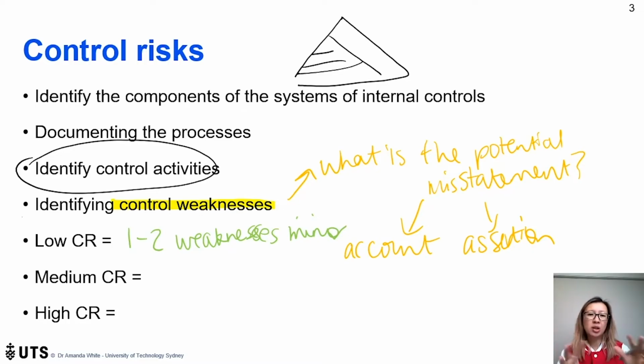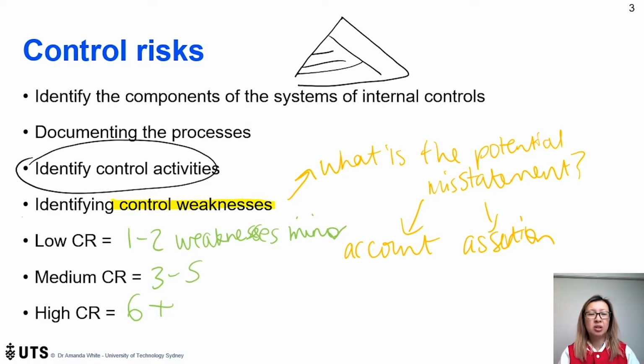But usually 1 to 2 minor weaknesses, you go with low control risk because no company is perfect. So that means in a medium situation, you're probably going to be looking at sort of 3 to 5 weaknesses, and a high control risk situation would be that 6+, or a few smaller ones that are really, really big.